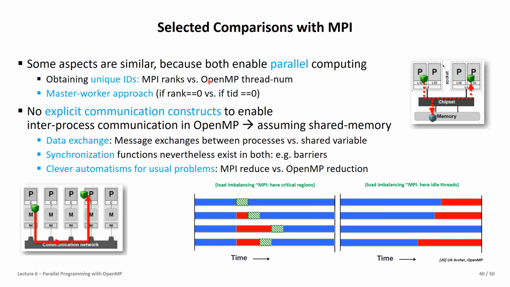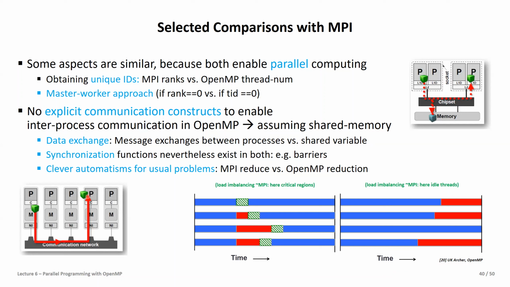So also here I can influence the application logic by having a unique thread ID, like I have a unique MPI rank. The key difference, however, is the interprocess communication. In OpenMP I always have the shared memory space, while in MPI I'm always sending messages over the wire from one process space to the other to get access to the memory or to send the data over with buffers.